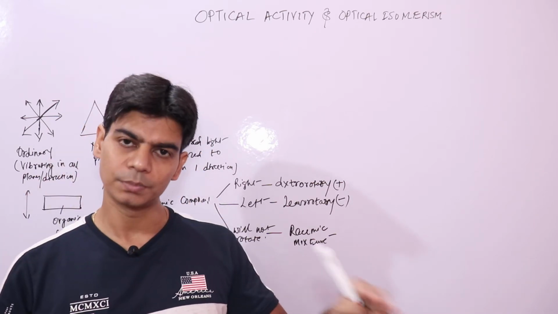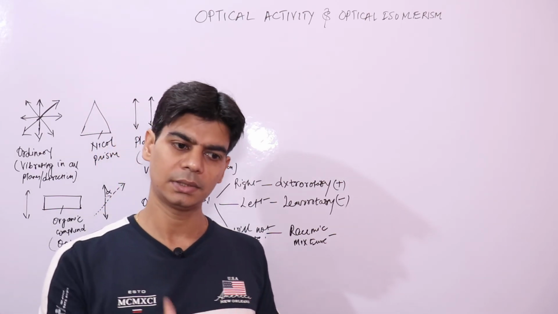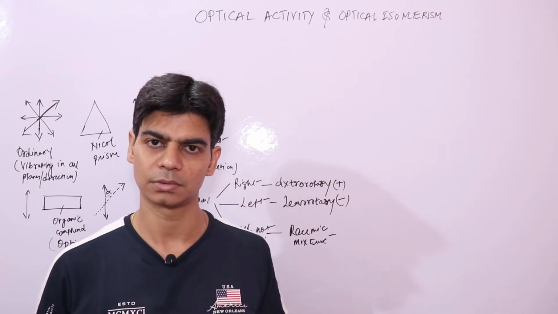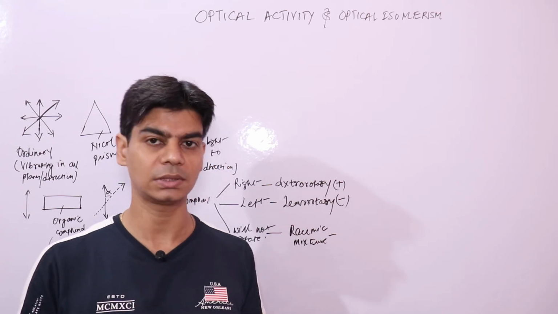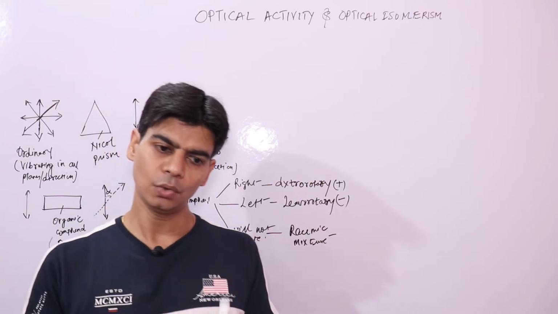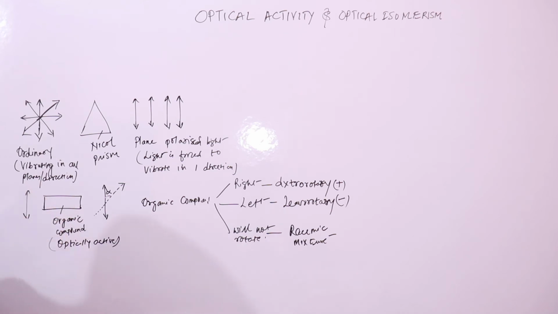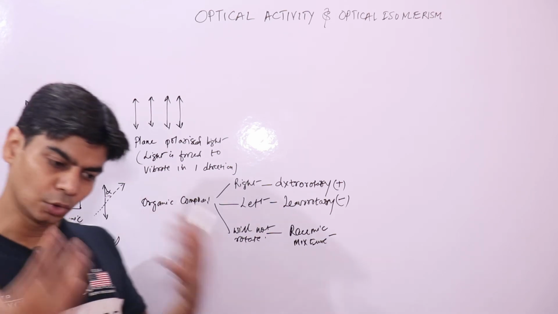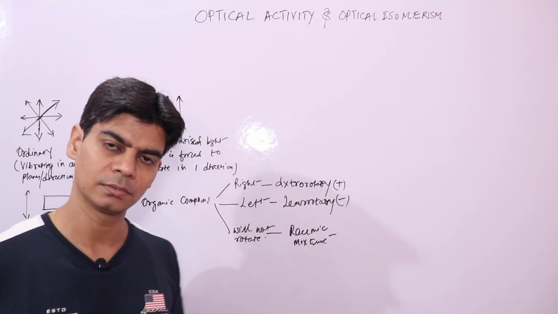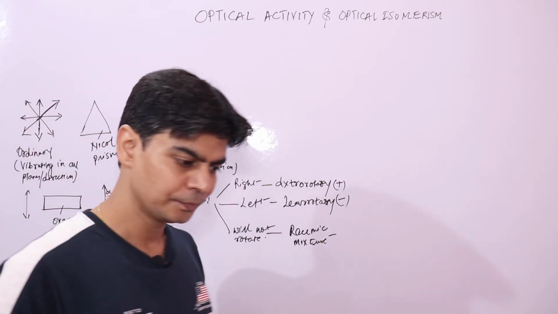So it's been proved that organic compounds that have carbon atoms which are attached to four different groups. We know that carbon is tetravalent, so it can attach to four different atoms or groups, right? So if this organic compound contains those carbon atoms which are attached to four different groups or atoms, then only it will rotate this plane of polarized light, right?